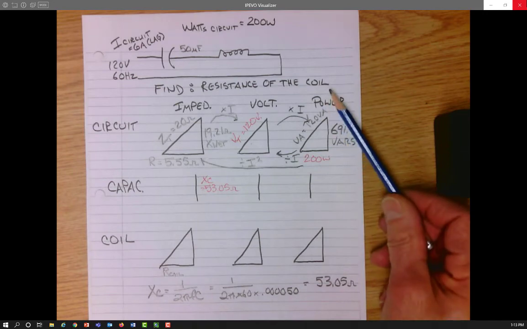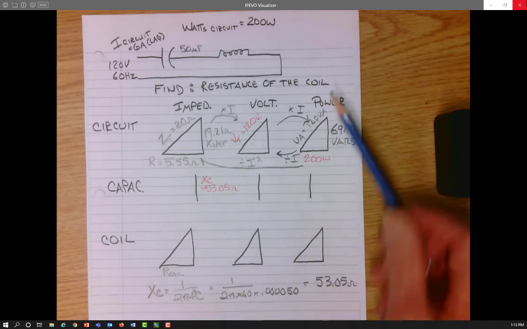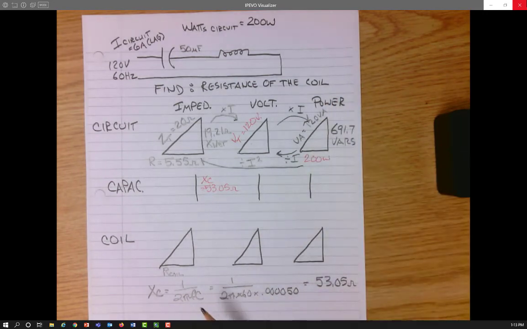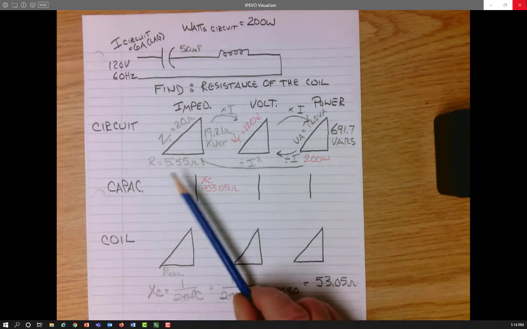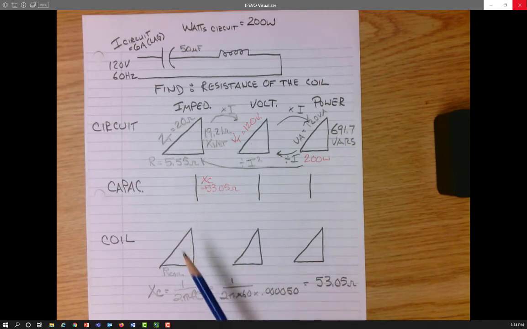Okay, what we are looking for is the resistance of the coil. If the coil is the only device in this circuit that has resistance, we said earlier the capacitor doesn't have any resistance in it unless they specifically tell us it does. This capacitor has no resistance in it. So whatever the total resistance of the circuit is, that resistance must be the same as what the resistance of the coil is.